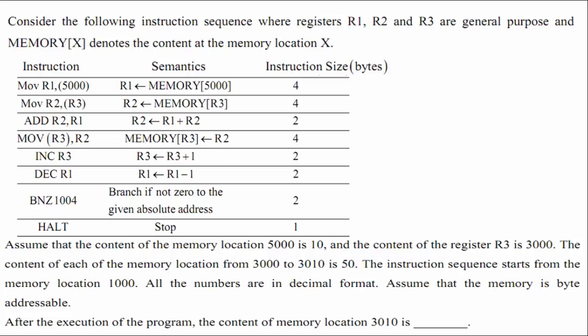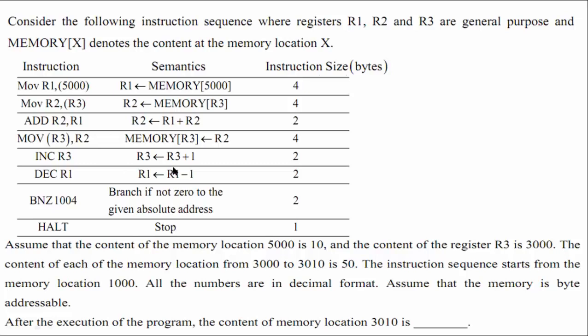But before that, if you think sensibly, you can come to a conclusion straight away. What is the content of the memory location 3010 without even dry running the program? First, we will see that, after which let us also dry run the program and check the value of the memory location 3010 right after the execution of the program.